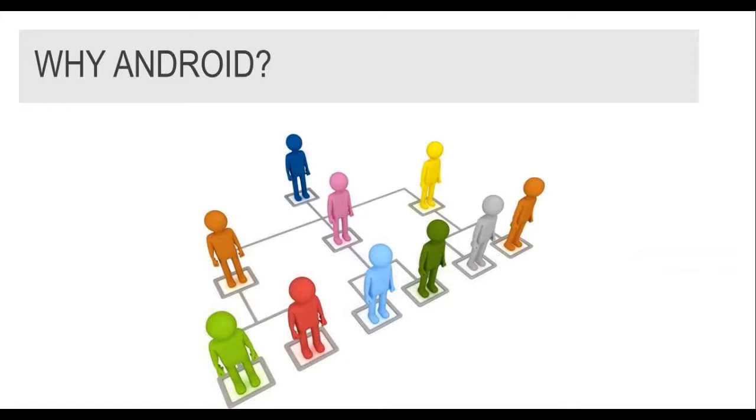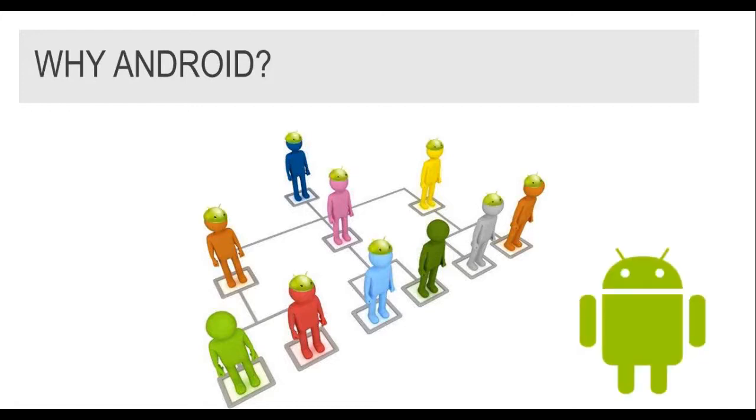So why Android? If you think about the fact that Android was basically made available to the public toward the end of 2008, and since that time has really become the most dominant and widely used mobile operating system in the world.